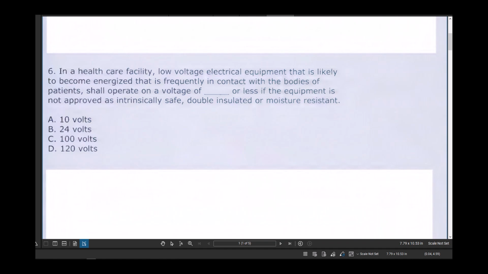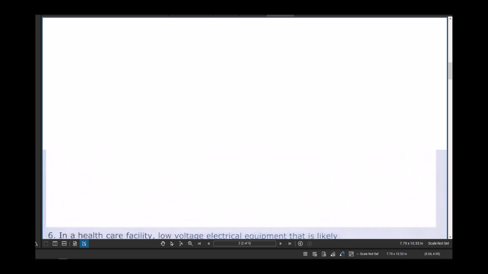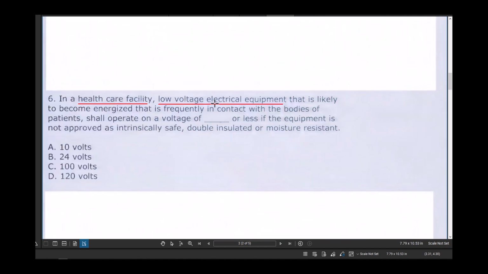If we highlight the keywords, we go to healthcare facility and look for low voltage electrical equipment, and these two options help us find the answer.